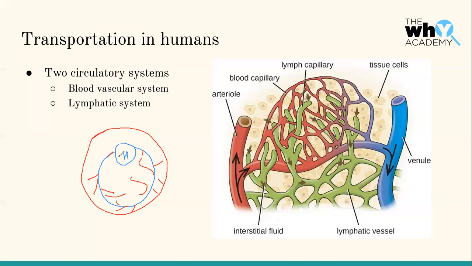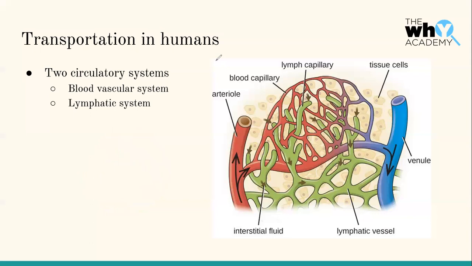From there, you get that word circulatory. And what are these two systems? Blood vascular, which you are definitely aware of, where the blood is pumped from the heart, travels through your body to reach various organs, and comes back to the heart.